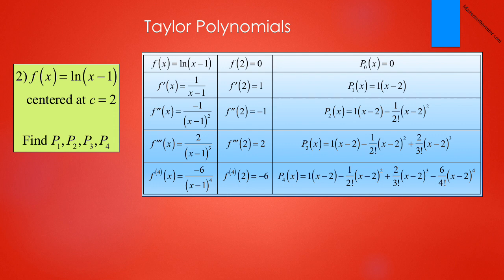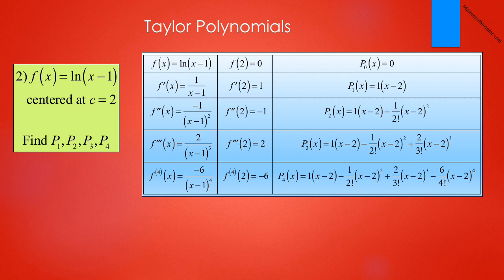We continue. The third derivative is 2 over x minus 1 cubed, and the third derivative at 2 is 2. So now our third degree Taylor polynomial is our term that we had before plus the new term, which is 2 over 3 factorial times x minus 2 quantity to the third.